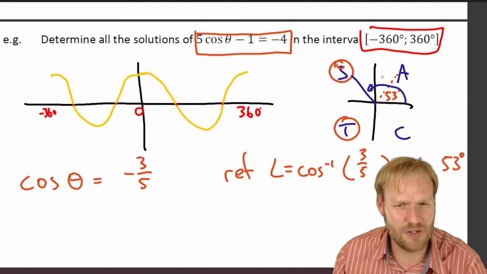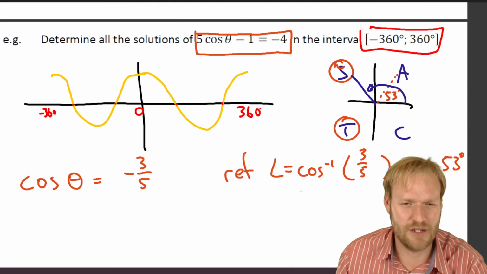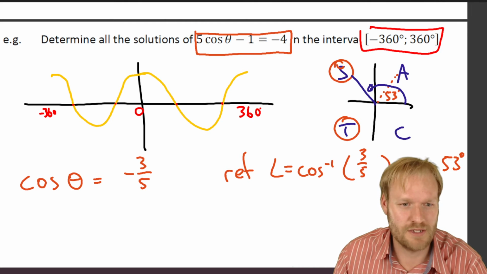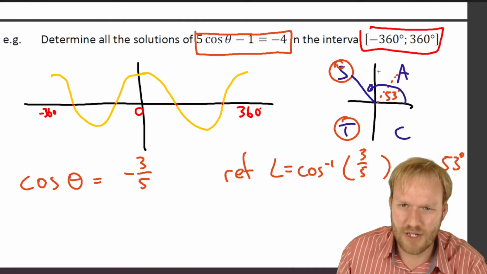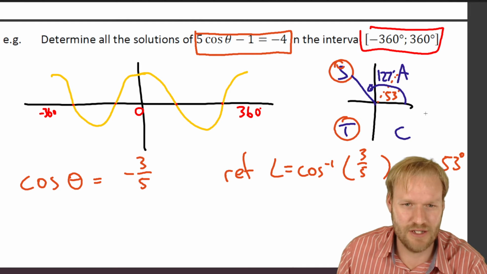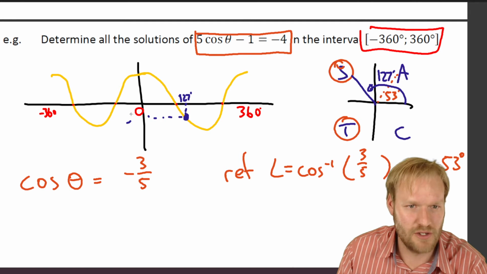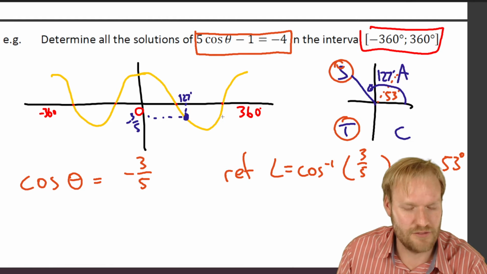So find out the one option and plot where it is on your graph, and then find out what your second option is. Okay, so our one option's 127 degrees, which means that that's about over there, right? That over there is 127 degrees, which would relate to negative 3 over 5.